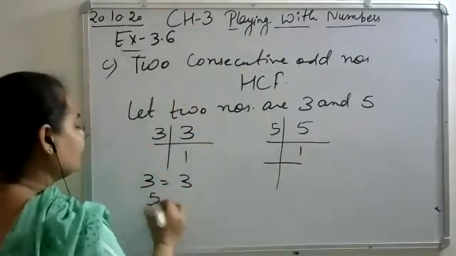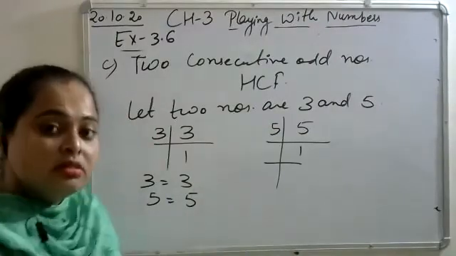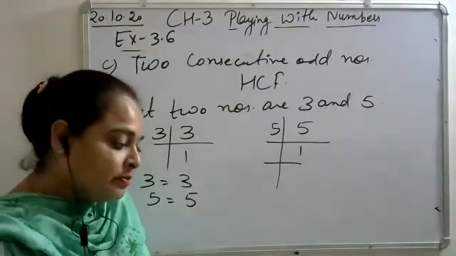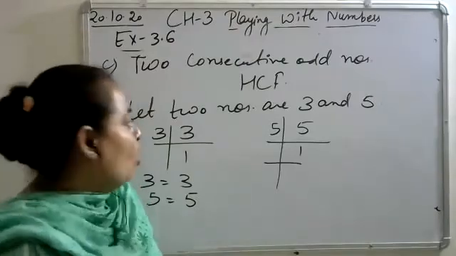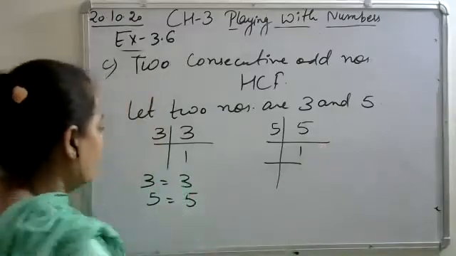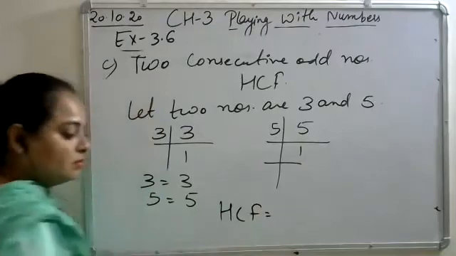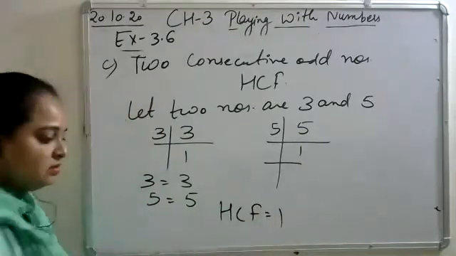Why is the prime factorization of 3 equal to 3 and of 5 equal to 5? What is the reason? Because they both are prime numbers. Very good. Now, what is the HCF? HCF is 1. Why 1?